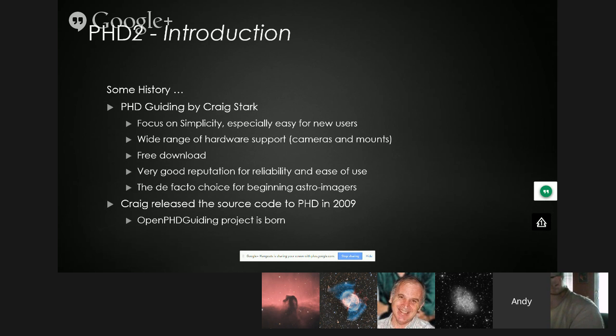It turned out that Craig actually released the source code to PHD back in 2009, and that was the genesis of the Open PHD guiding project. Craig continued to maintain PHD and do releases of that program on his own through Stark Labs, but the source code was now available for people to work on.